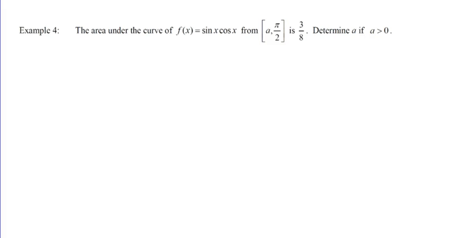The area under the curve of f of x equals sine x cos x from a to pi over 2 is 3/8. Determine a if a is greater than 0. Okay, the area under a curve. What do we call the area under a curve?